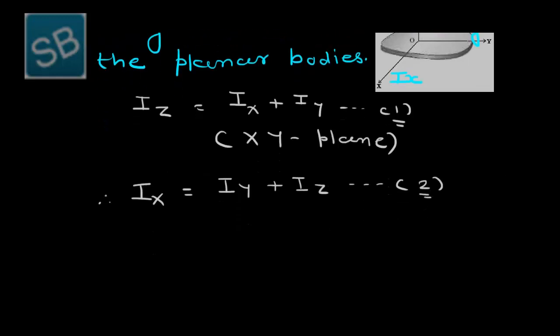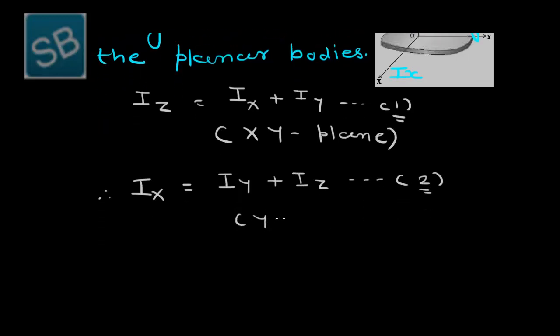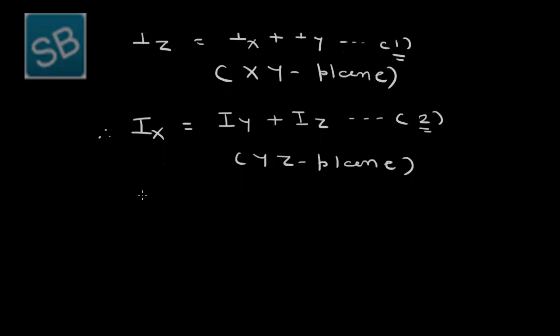So this is for yz plane, and here x is perpendicular to yz plane. Now the remaining one is Iy is equal to Ix plus Iz, and that is for xz plane.